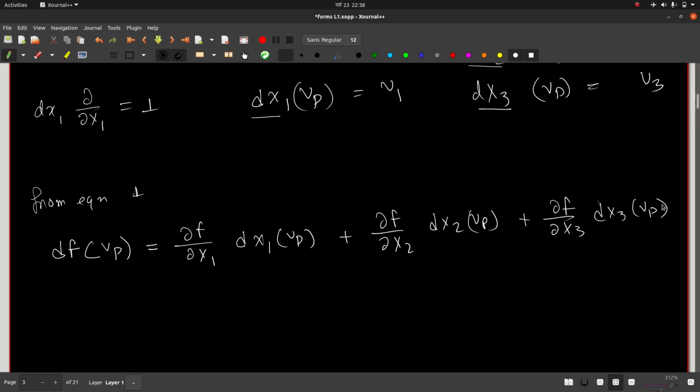Now, since these are partial derivatives, they will give you some type of function, or if you evaluate it at a point, it will give you some number, and the only operator type of thing is these differential forms, and the operand, that means the thing being operated on, are these vectors, right?